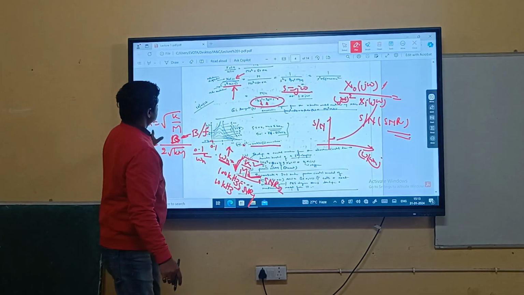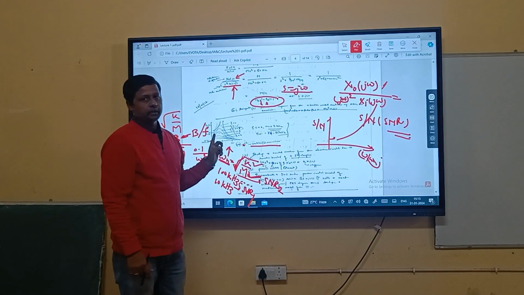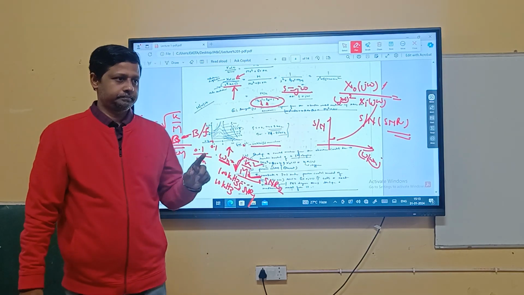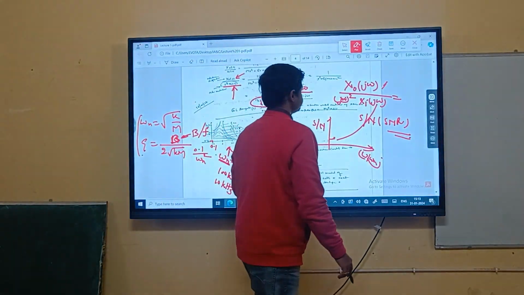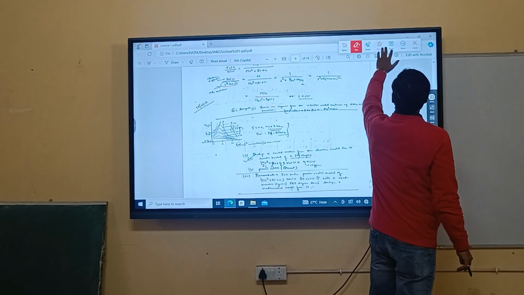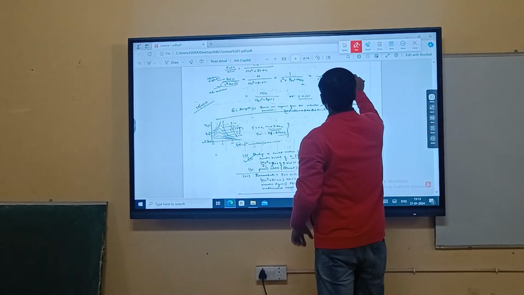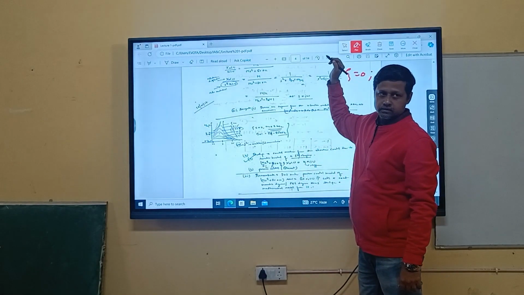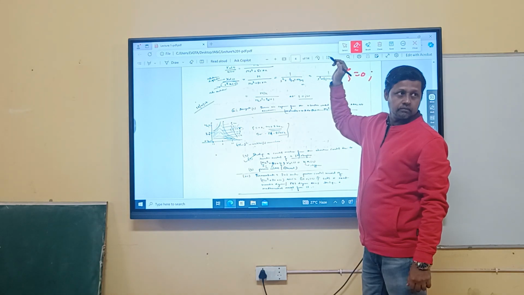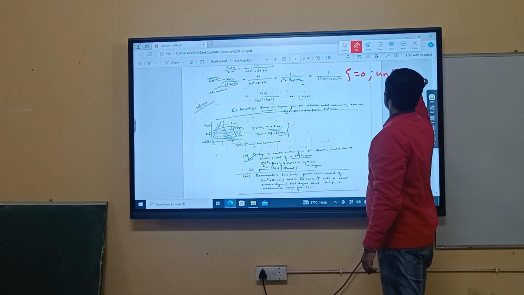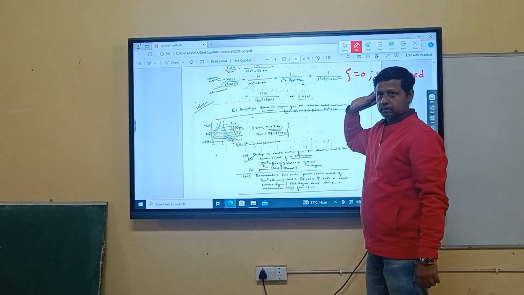Now if zeta is equal to 0, what will happen? If zeta is equal to 0, what is the condition? What kind of damping is it? Undamped, no?